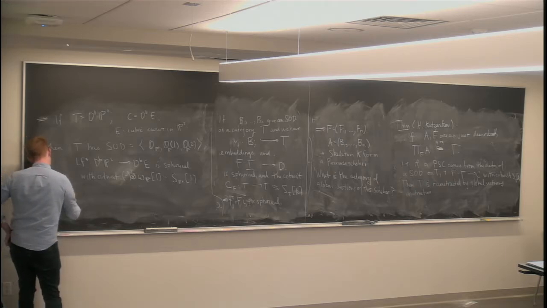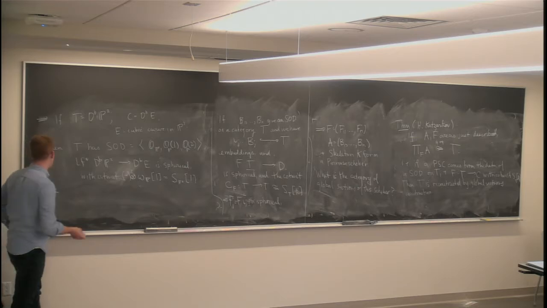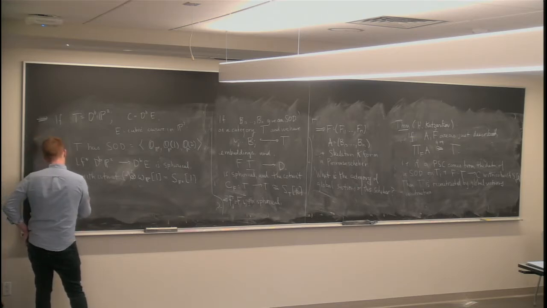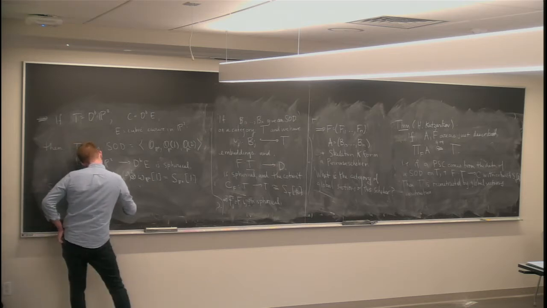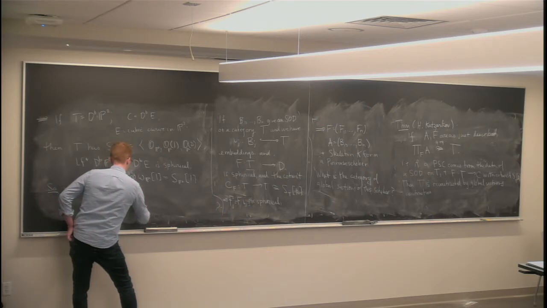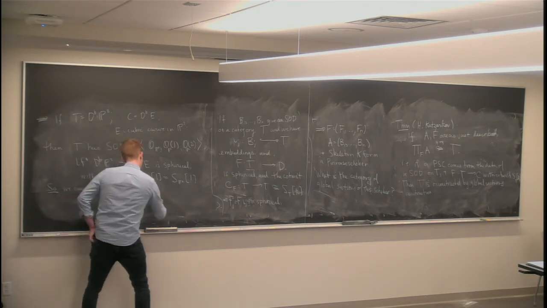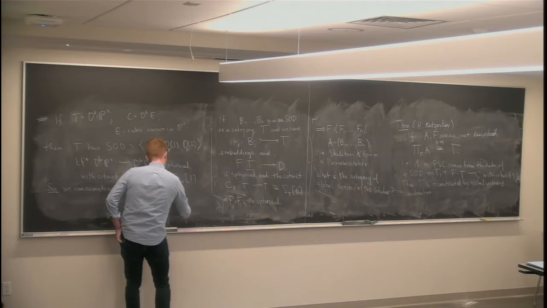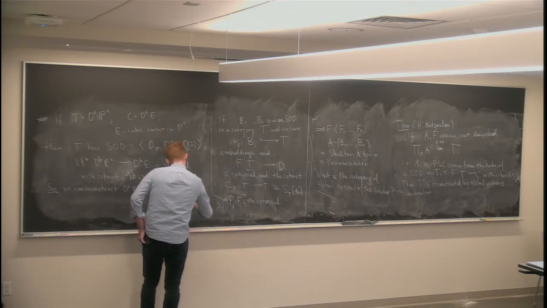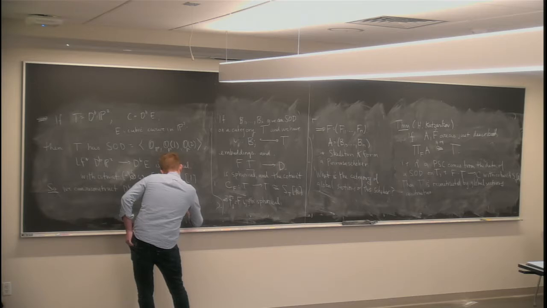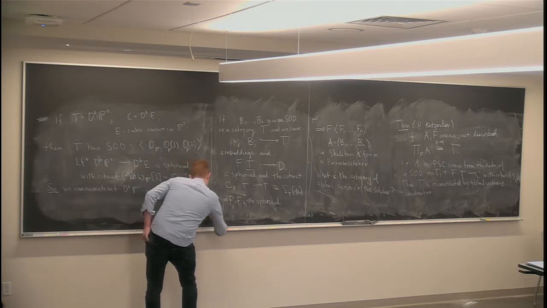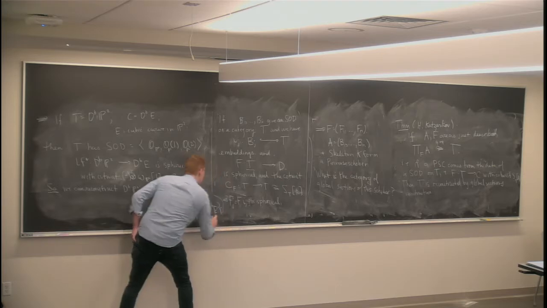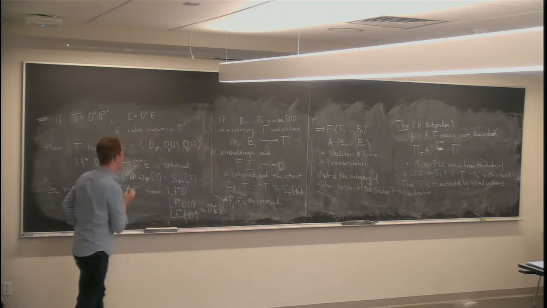So what this theorem basically says is that we can reconstruct D^b of P2 from the derived pullbacks of O, O(1), and O(2).